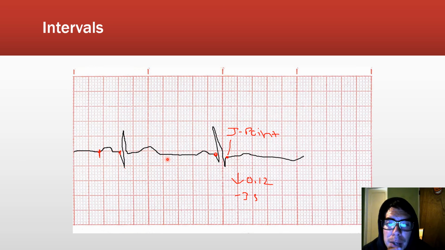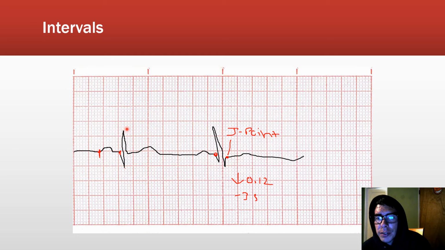But one way that you can do this, although I really wouldn't, just because it's kind of controversial as far as whether it's accurate or the right way to do it, so I wouldn't even worry too much, but just for your own personal evaluation, when you look at an EKG, you want the distance from the start of the QRS to the end of the T wave to be less than half the distance of the RR interval.